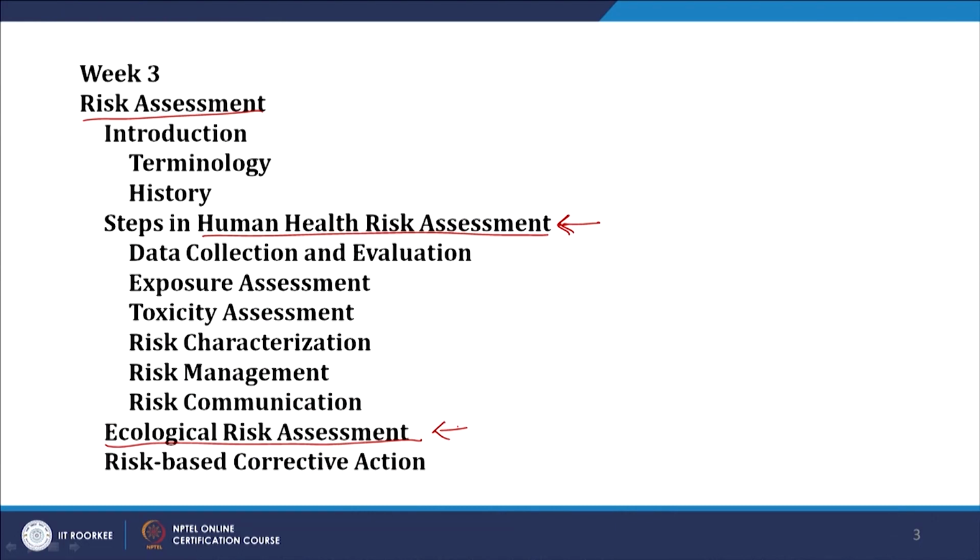In that aspect, we usually have four major aspects to consider: data collection and evaluation, which we are going to discuss in detail, then exposure assessment, toxicity assessment, and risk characterization. All these four aspects come into play when one looks at risk characterization, where we look at the holistic picture.